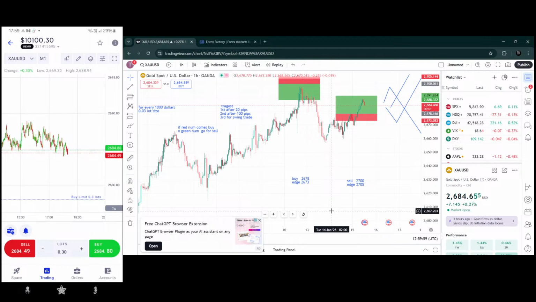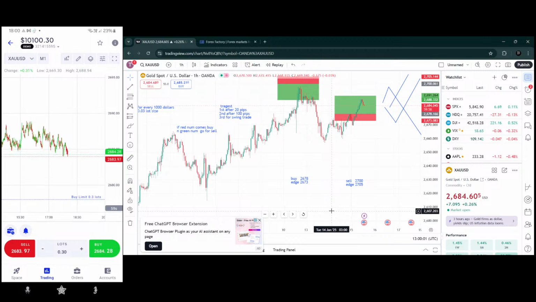So the market is moving downside, 2683. And what I observe is, when the news comes, the market goes to a certain point and hits those points, and then boom, wherever it wants to go, the market moves very fast.